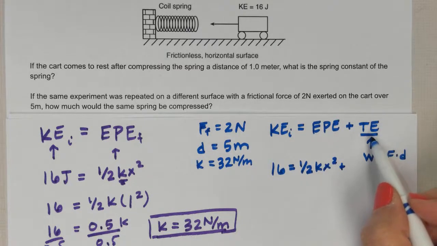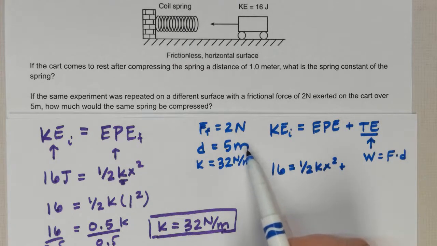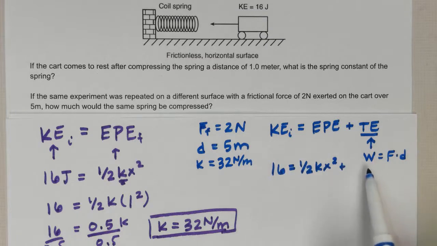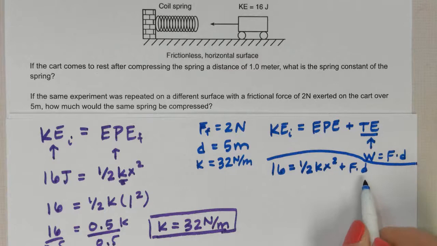again for thermal energy over here, they actually gave us the force and the distance that the friction is acting over, which means we actually do have to solve for work here. So we're going to have plus that force times distance in order to get the work done by friction and include that over here.